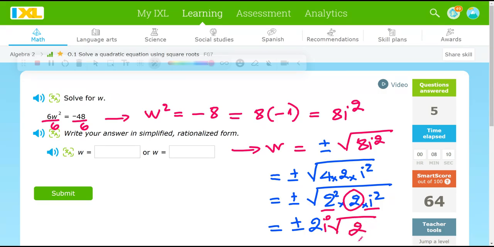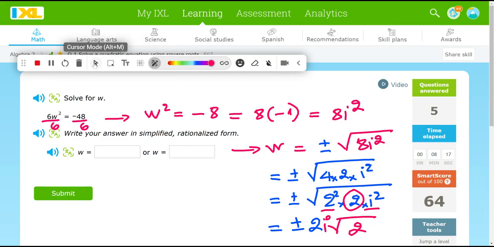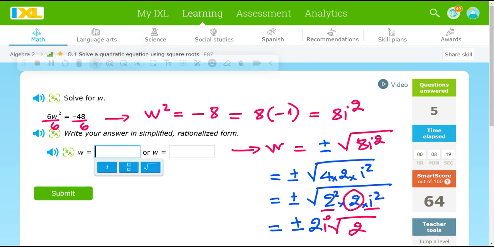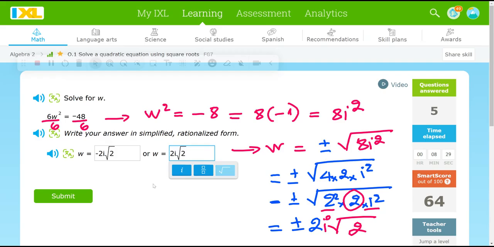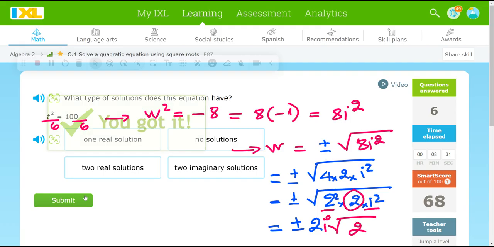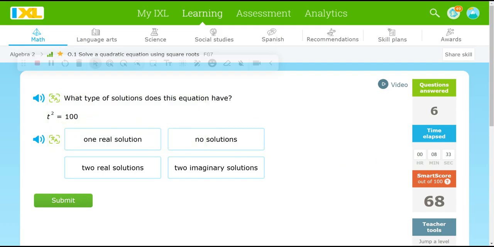So this is the answer. Make sure you simplify all the way like this. So I have negative 2i square root of 2, and then positive 2i square root of 2. Okay, done. Voila.